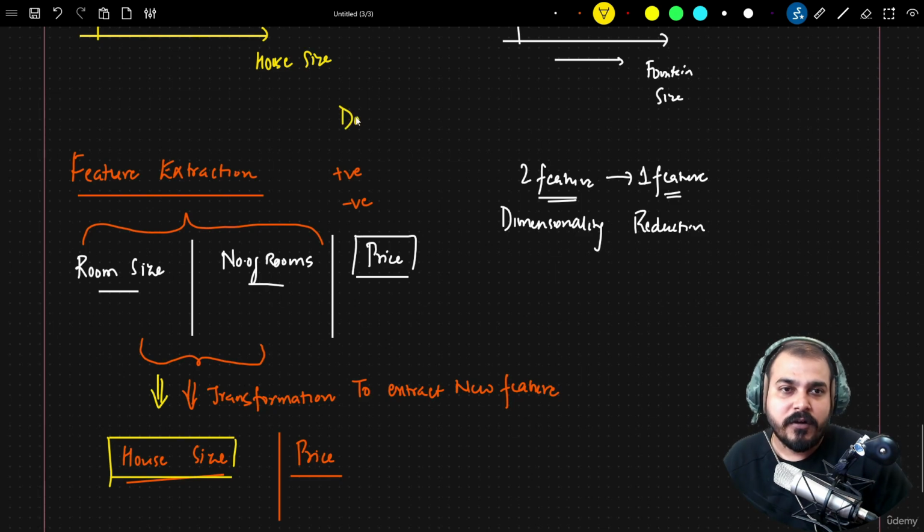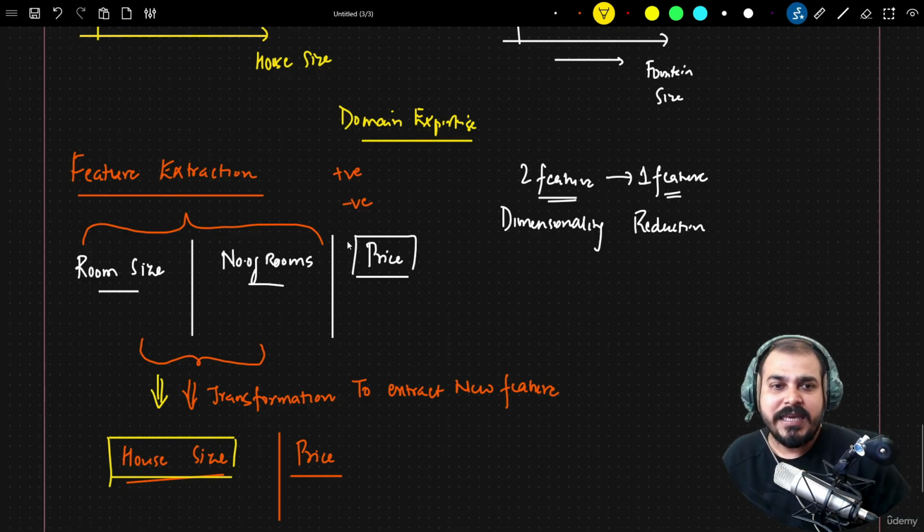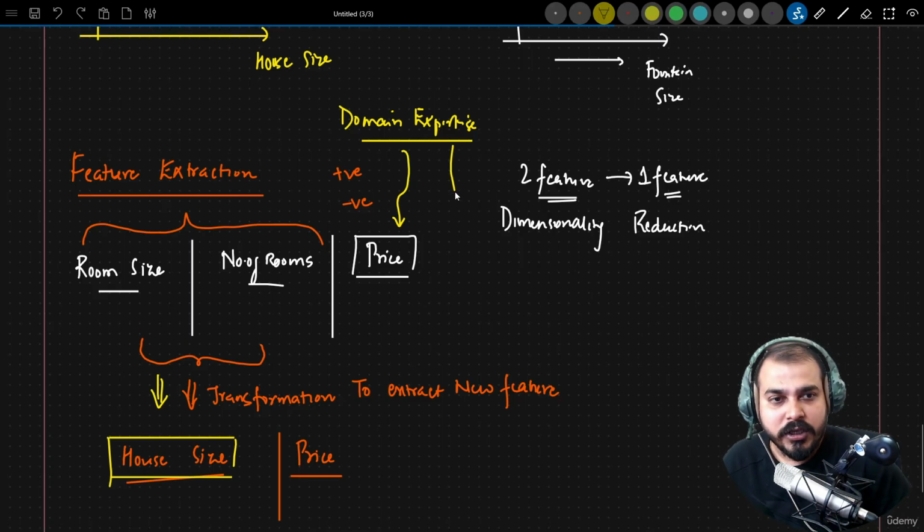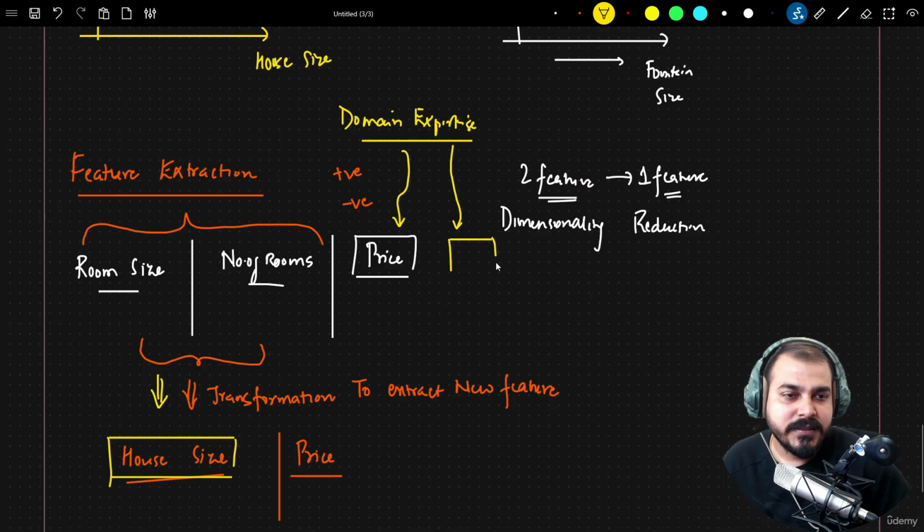Now just imagine a domain expert. If the domain expert is given these two fields, room size and number of rooms, he or she will definitely be able to tell you the price. Now, instead of giving these two features, if we just give one feature to the domain expert, then obviously he or she will also be able to predict the price, with some difference, right?